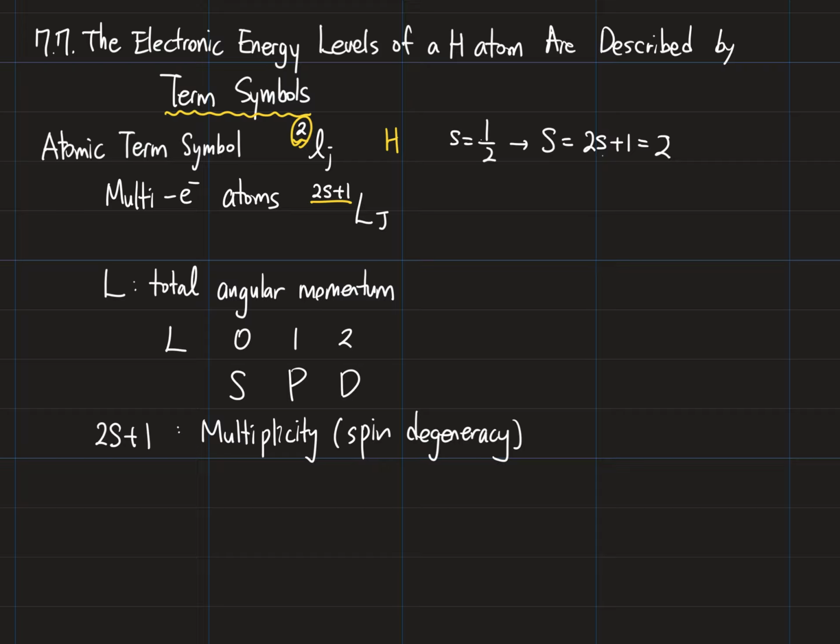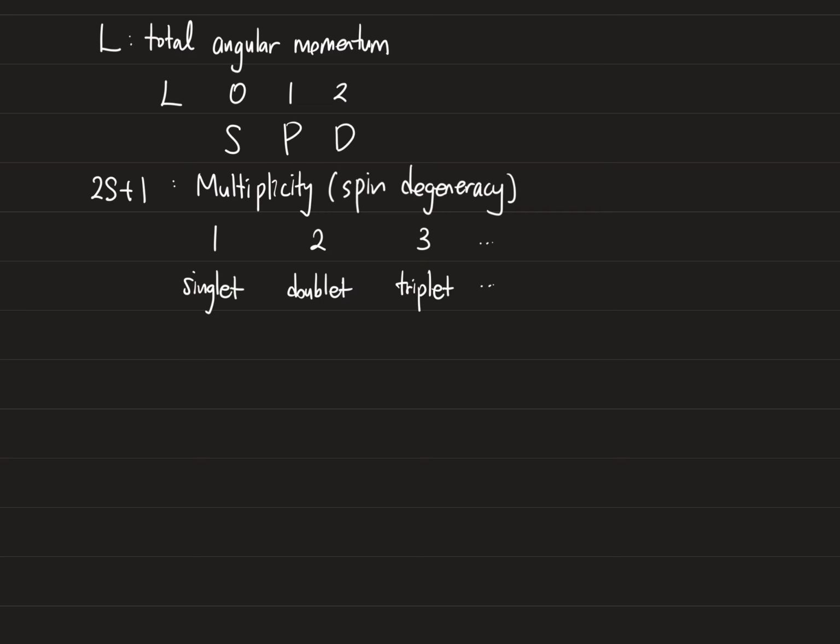According to the 2S plus 1 value, if this is equal to 1, we call it singlet, 2 doublet, 3 triplet, etc. And the last one is subscript J. As you know, this is the total angular momentum.